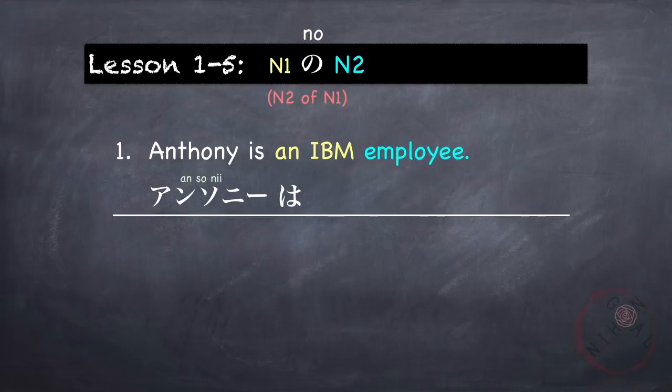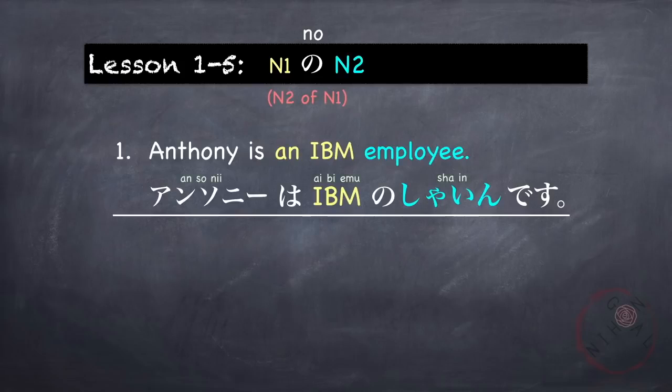But this time, N2 is N1 no N2. I hope that makes sense. Anyway, Anthony wa IBM no 社員です. Anthony is an IBM employee. Employee of IBM. Anthony is an employee of IBM. So Anthony wa IBM no 社員です.